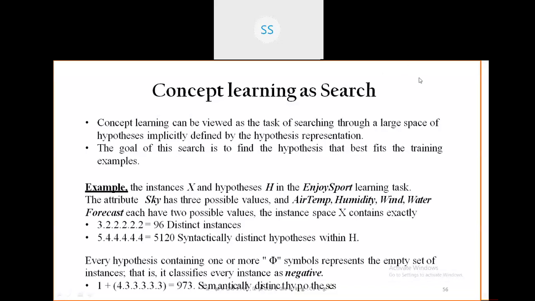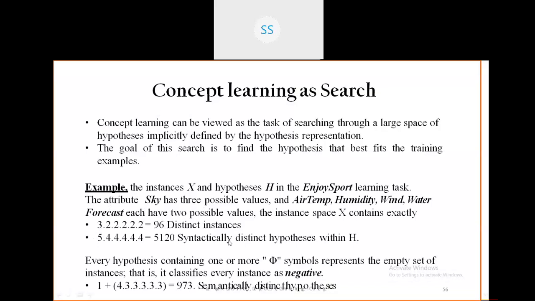Sir, because there are 5 syntactically distinct hypotheses. What are those 5 distinct attribute values? Okay, sir, a sky can have 3 values actually.